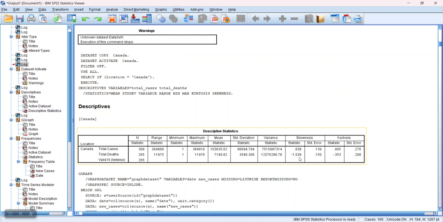And for total deaths it is negative 1.039, indicating a more pronounced left, negative skew. This total cases and total deaths suggest a relatively normal distribution. However, this negative value indicates that the distribution is slightly flatter and has lighter tails compared to a perfectly normal distribution.